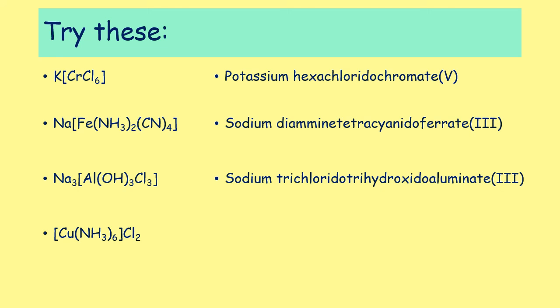Sodium is positively charged, so the complex is negatively charged, and it must be -3 because we needed 3 sodiums. So we know that we're going to write the sodium first, and then we're going to write the complex. The complex has 2 types of ligand. It's got hydroxide and chloride. Alphabetically, chlorido comes before hydroxido. There's 3 of each type of ligand. So it's sodium trichlorido, trihydroxido.